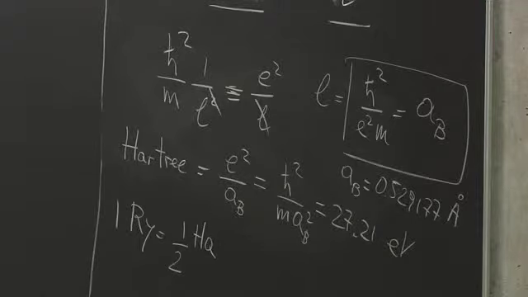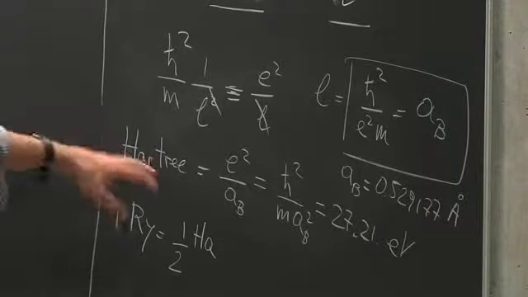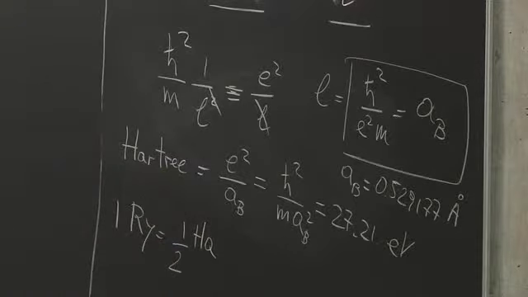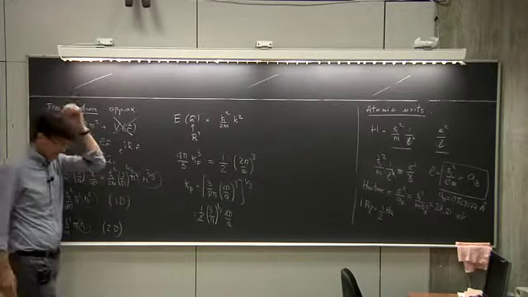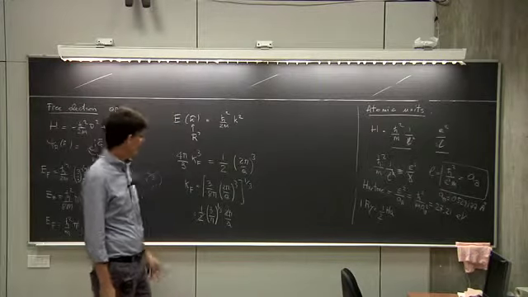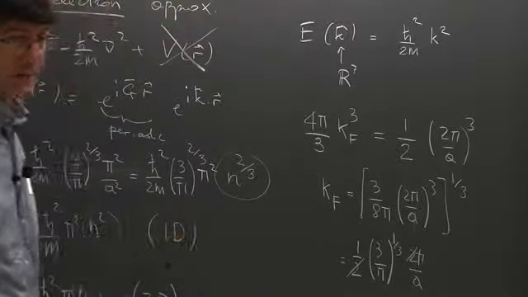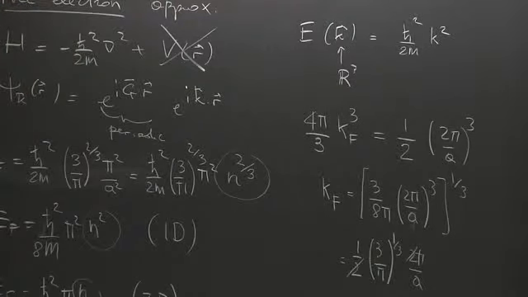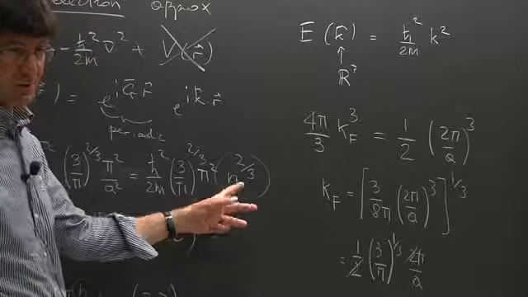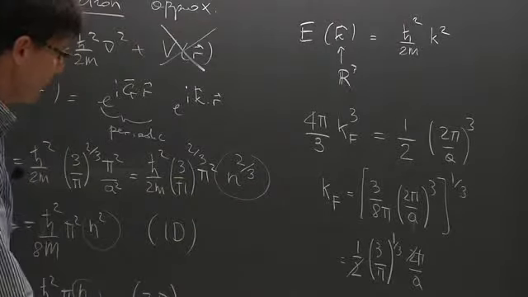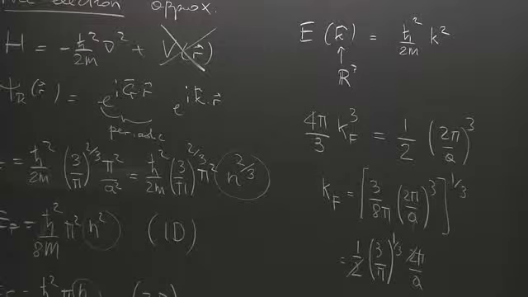I've introduced all these units because there's way more that we can say about these units and the connection with our problem here. For example, we may decide to express densities using Bohr radii. And it's quite frequent in the literature to find densities expressed in Bohr radii. If you do that, then this becomes a dimensionless number because it's the number of electrons per Bohr radius to the third.